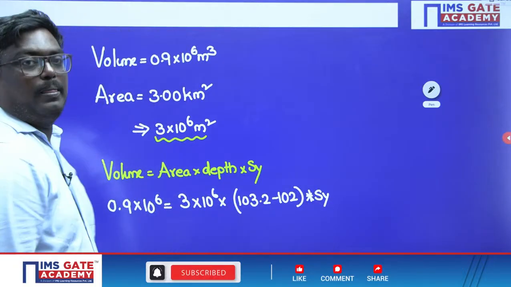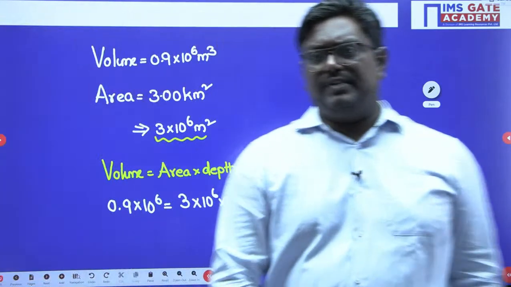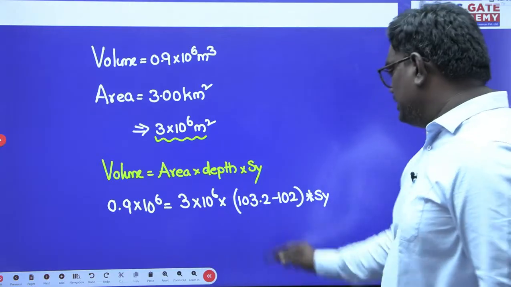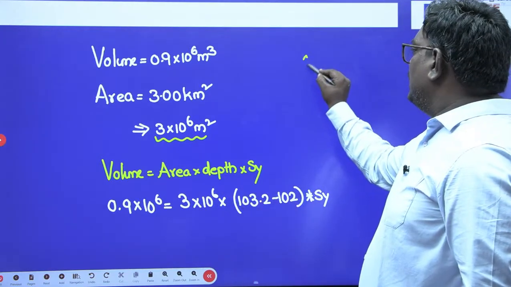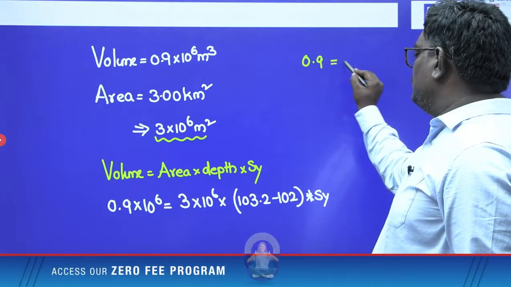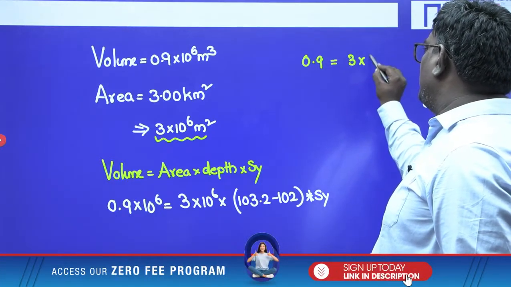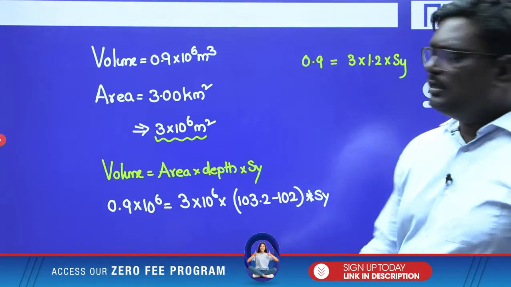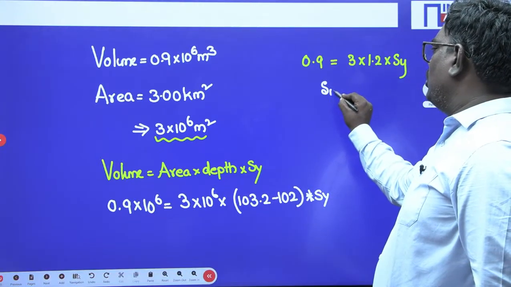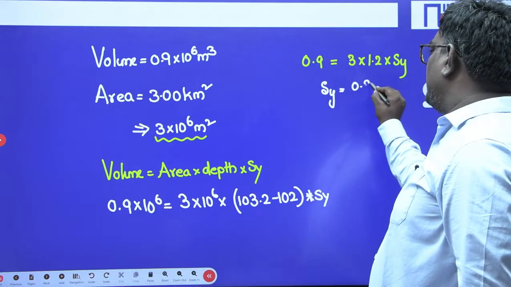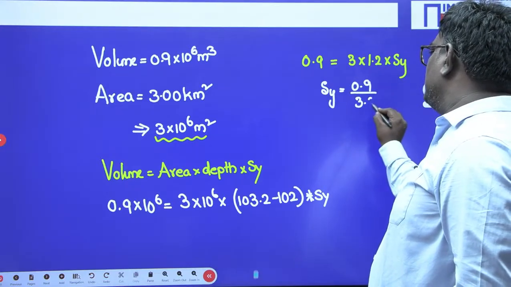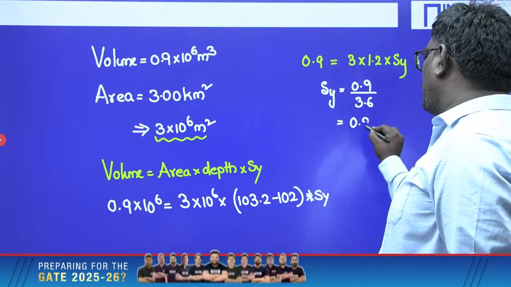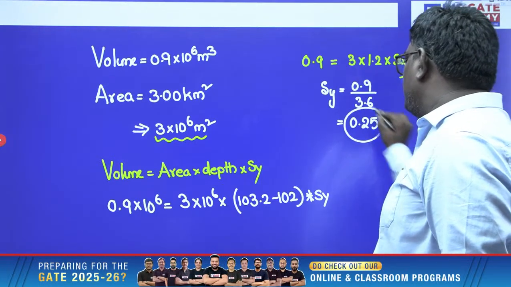Now, my dear students, 10 power 6 cancels, so you can write 0.9 is equal to 3 into 1.2 into specific yield. So specific yield is equal to 0.9 divided by 3.6, which is equal to 0.25.